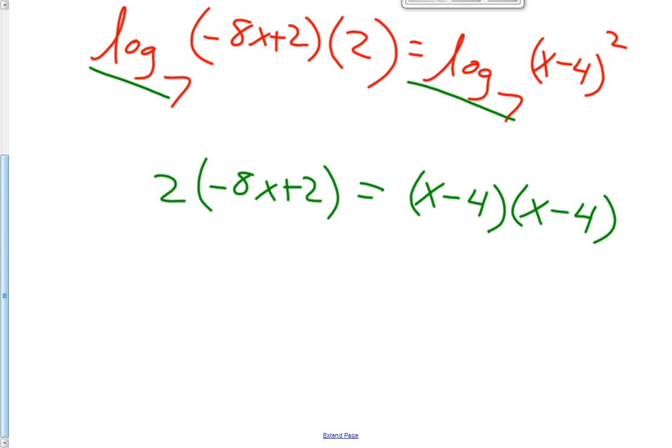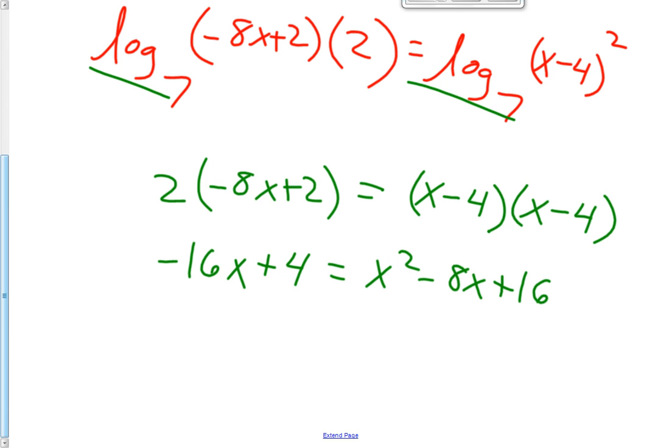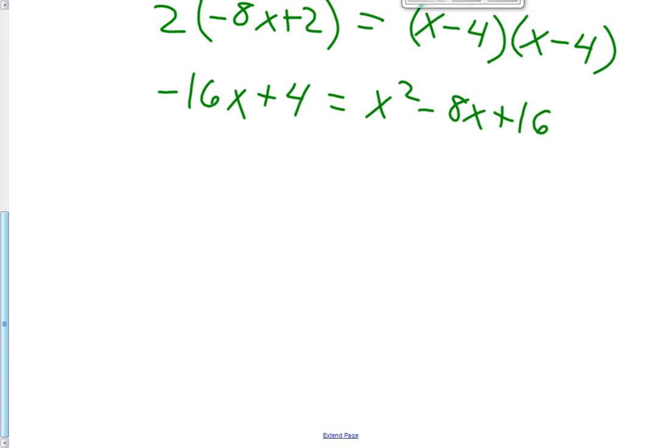Let's solve for x: negative 16x plus 4 equals x squared minus 8x plus 16 when you FOIL that. Let's get everything off to the right side by adding 16x and subtracting 4. You get a 0 on the left.